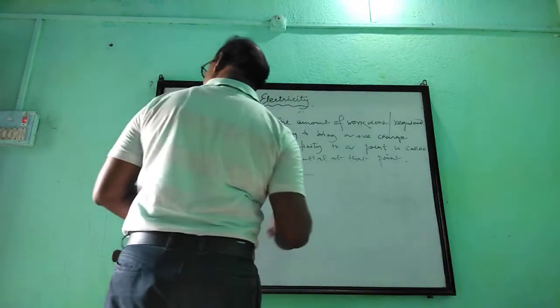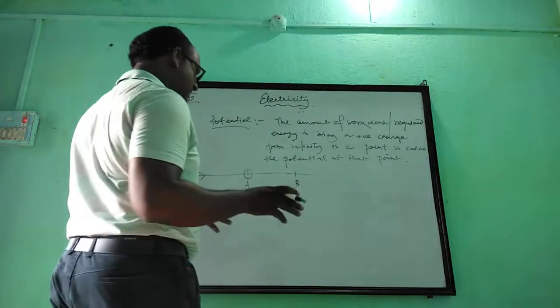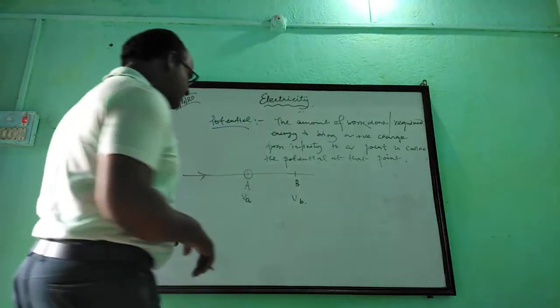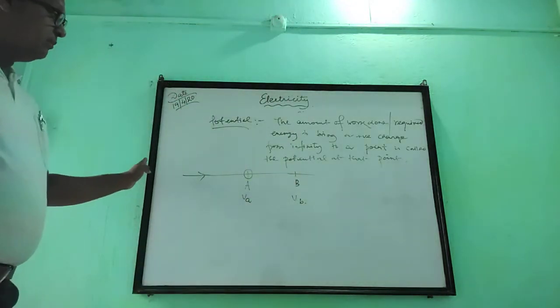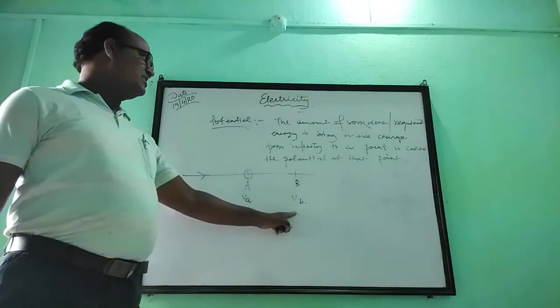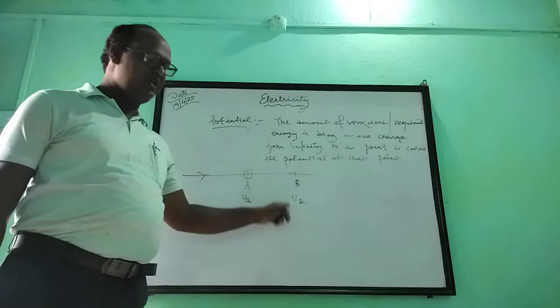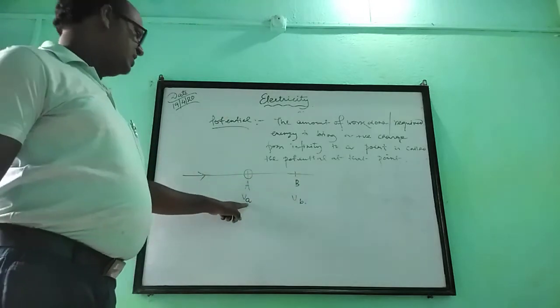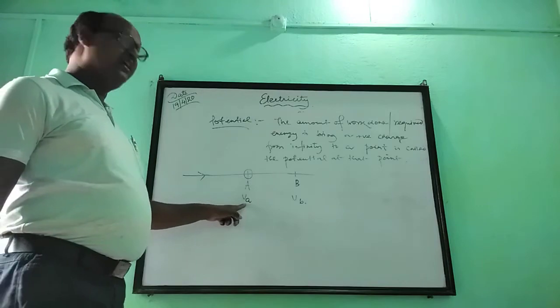And if the potential at B is VB, that means to bring a positive charge up to B, the energy spent or work done is VB. And for point A, the potential is VA.